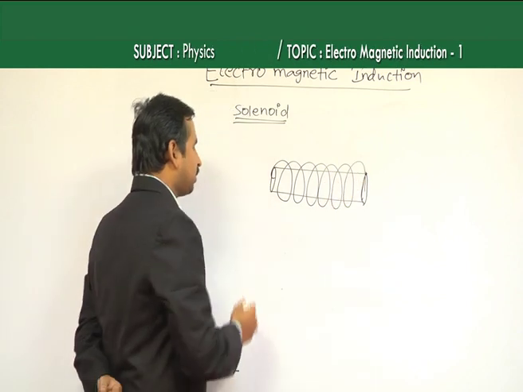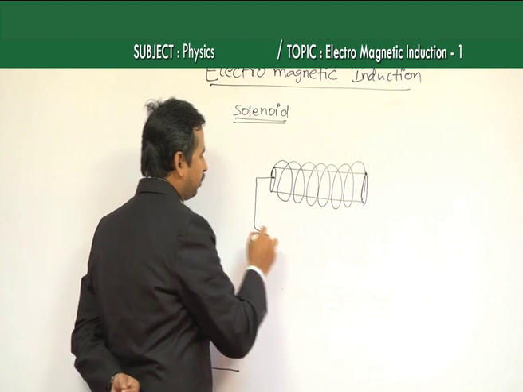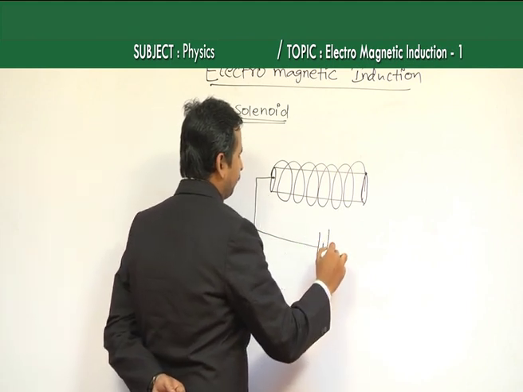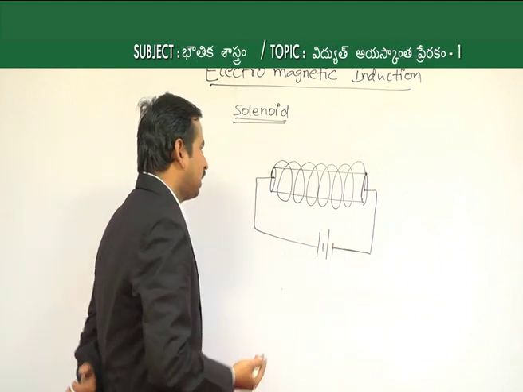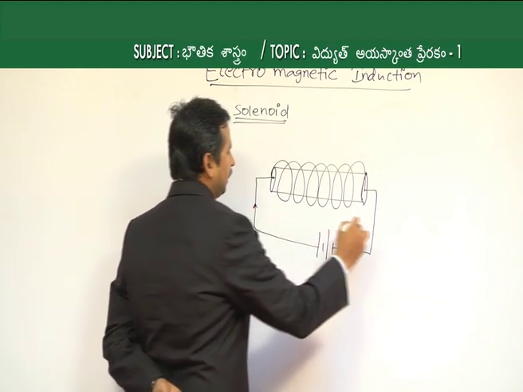Now this copper wire is connected to a battery like this. Then the current flows through that coil.